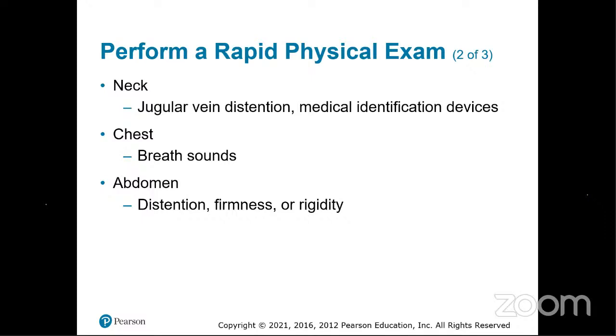And then medical identification devices, so the allergic reaction, all of those ones too. Chest, we're looking for the breath sounds, and it's the same thing, guys. Hopefully after you're done with the 100 assessments, you're going to know what normal sounds like, so that when you hear that abnormal, it's going to jump right out to you.